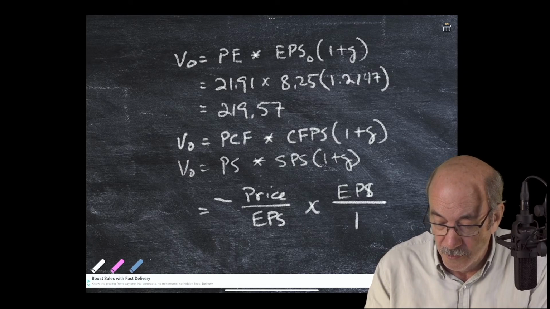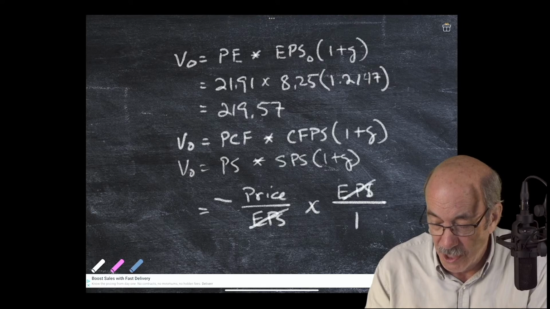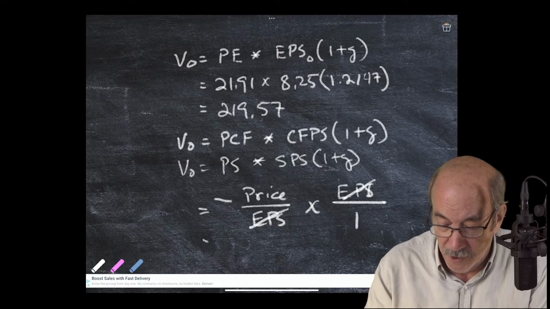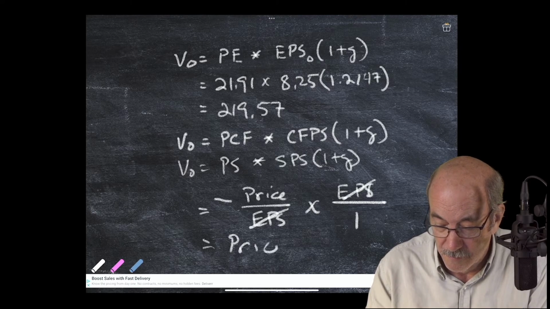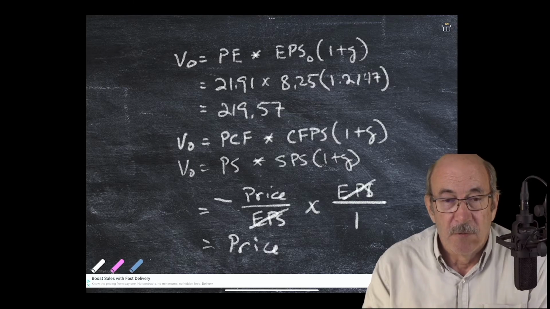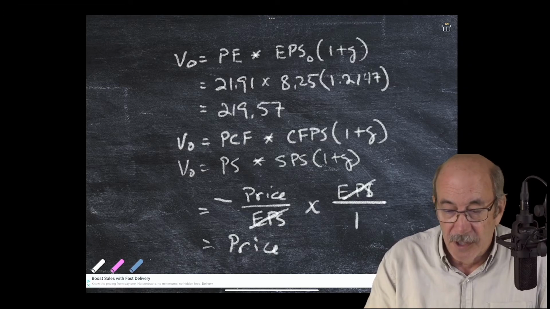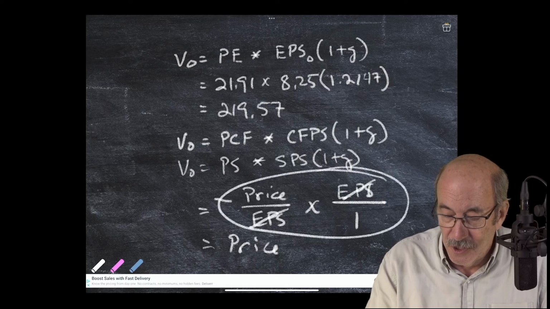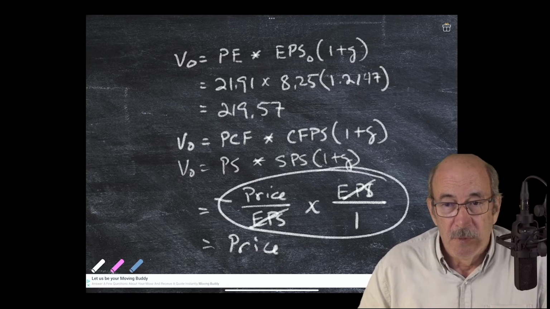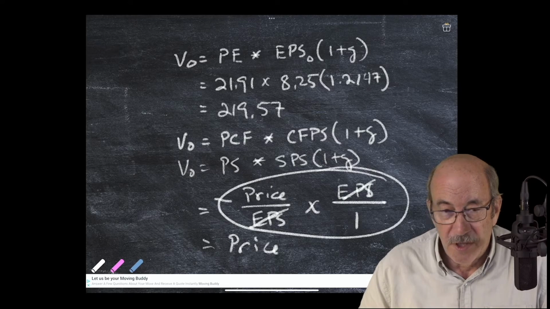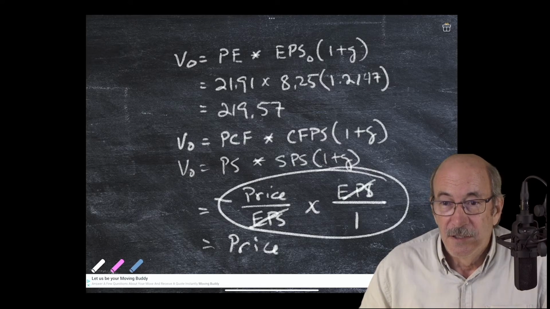And so when we do that multiplication, the EPS cancels, and we're left with simply price. So if you get confused as to what you're doing, just remember back to this too. Hopefully that should help you remember what's going on here, rather than just plug and chug.